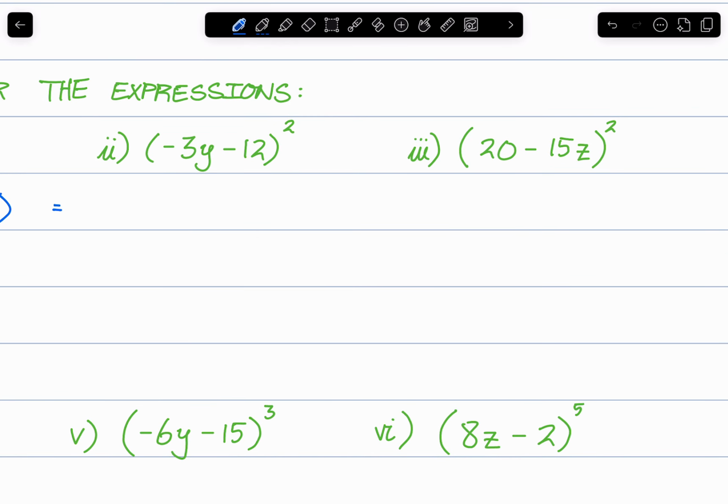The same thing can happen with negative factorization. So this can become negative 3y minus 12 times negative 3y minus 12.